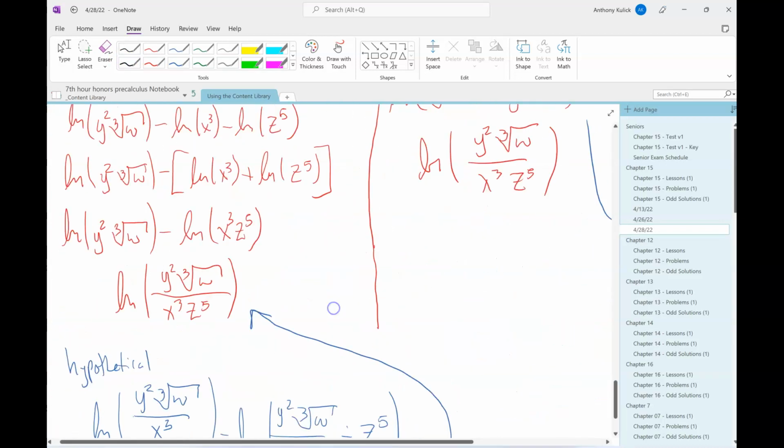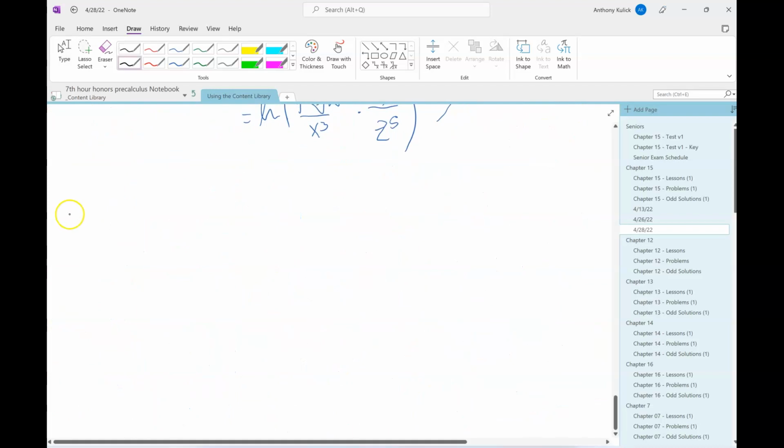Okay. One more thing to show you guys. The fourth property that I didn't write was this change of base formula.